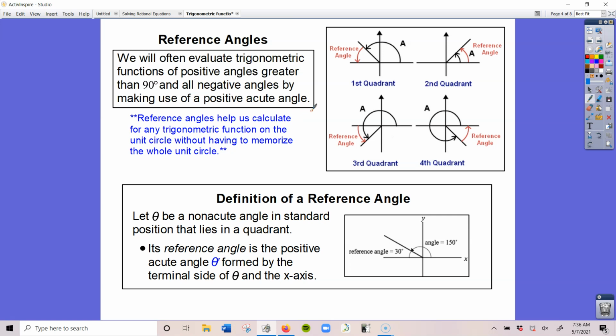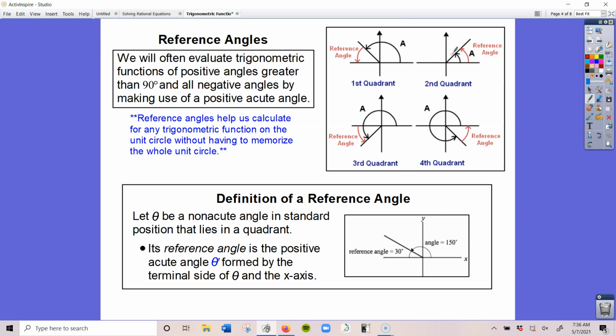So a reference angle is basically a positive acute angle that is closest to the x-axis. So you'll see here that we have various examples. If your angle, I just noticed that these are switched. But if your angle is in the first quadrant, which is actually this graph here, the reference angle is the same as the angle given in the first quadrant.